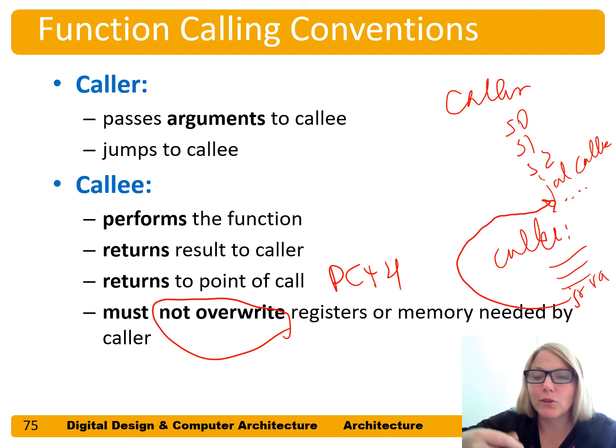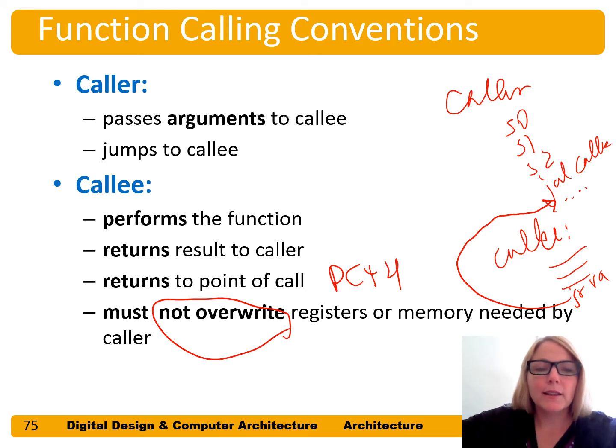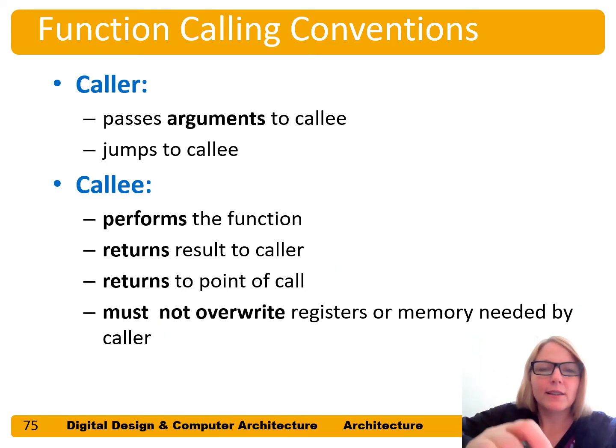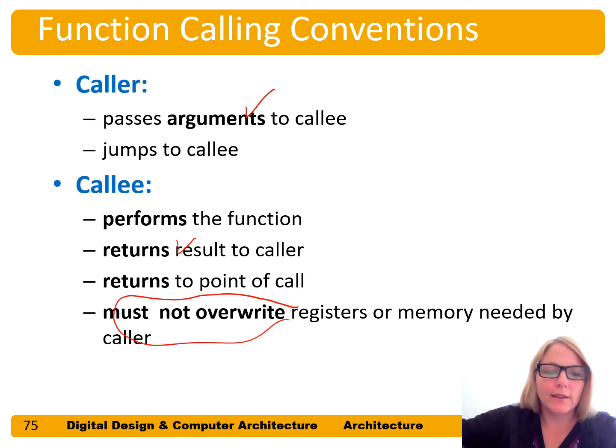S0, S1, and S2 no longer have those values. So that's a problem. So let's talk about each of these conventions. Passing arguments to the callee, how we do that, how to return to the caller, we talked about that, and this avoiding overwriting registers or memory needed by the caller.